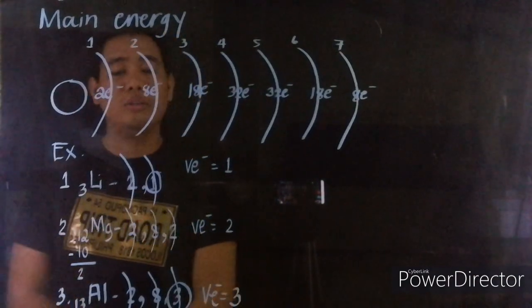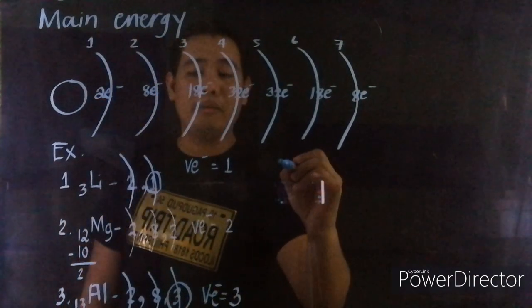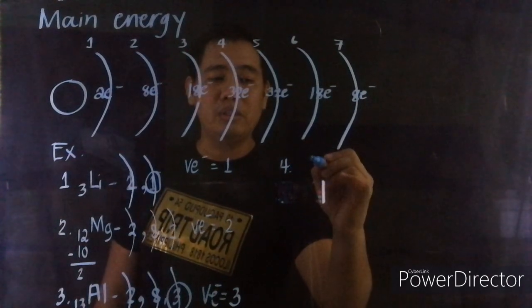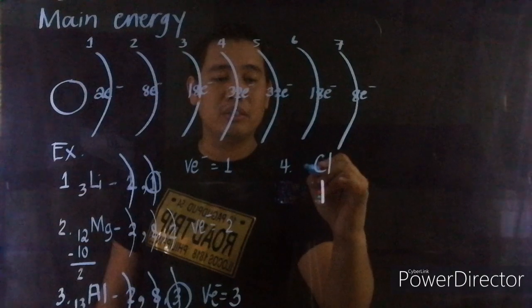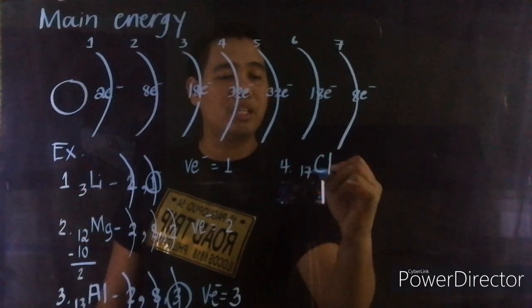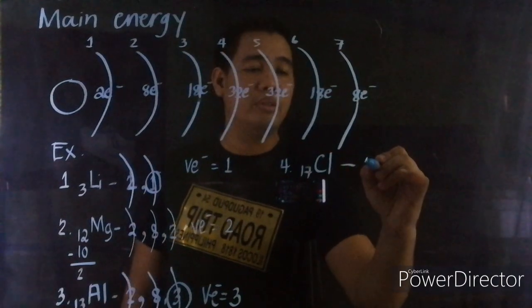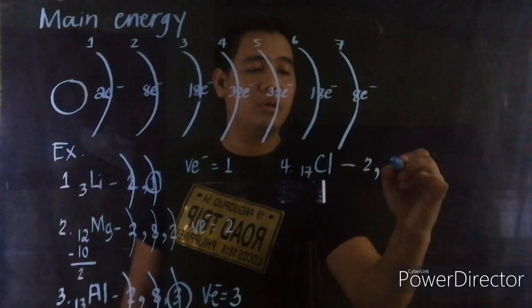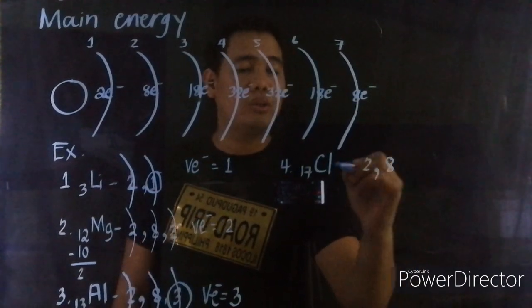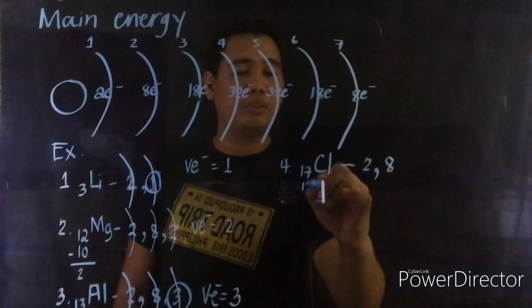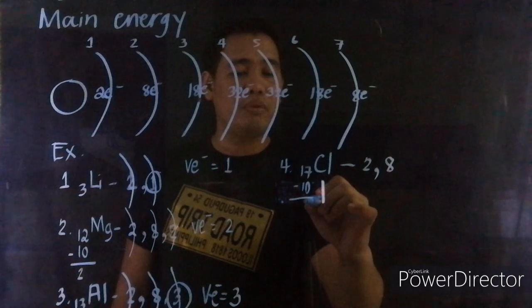Okay? So what about the other element? So we have the fourth one. So let's say we have chlorine. So we'll increase the atomic number. So for chlorine, we have 2, 8. So how much more is the remaining? So we have 17 minus 10, we have 7.